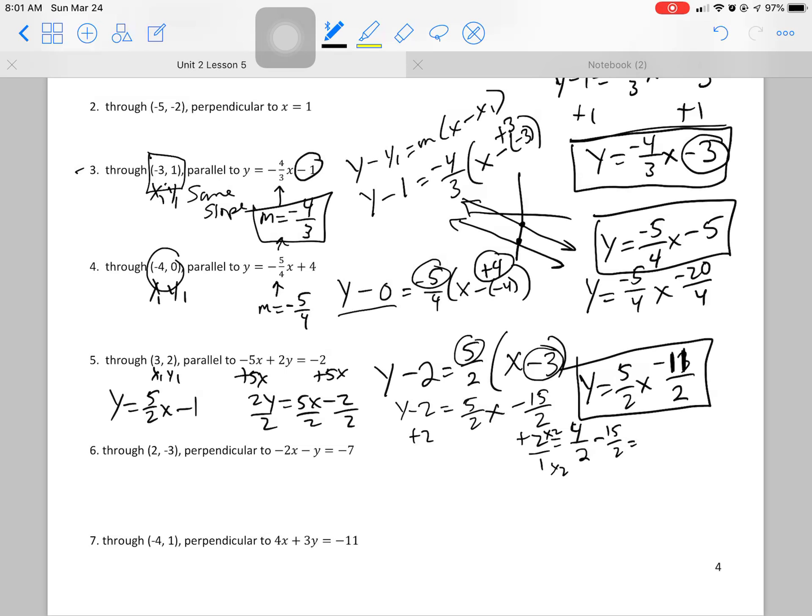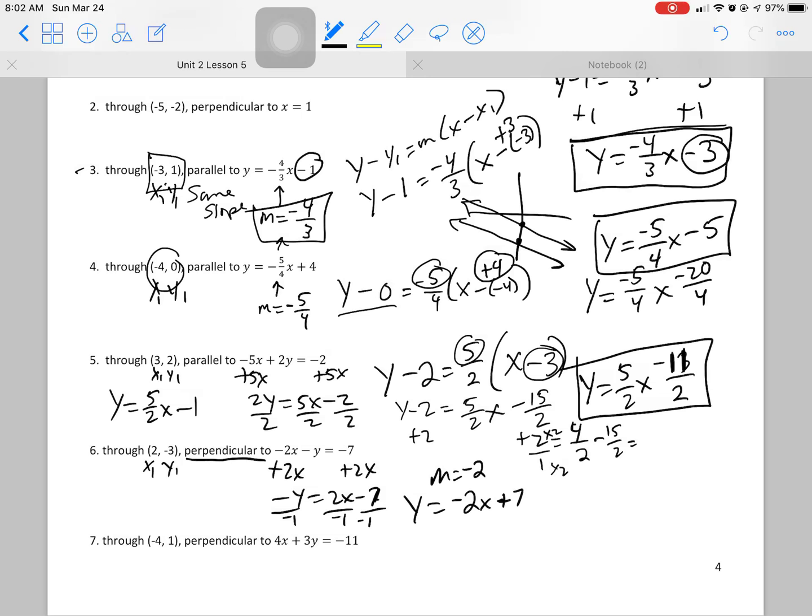Sorry, it's so messy. I probably should be doing it on that nice line paper on the other side. Let me try this one. Plus 2x, plus 2x, negative y equals 2x minus 7, divided by negative 1, divided by negative 1, divided by negative 1. Y equals negative 2x plus 7. Watch the double negative there. So this means my m equals negative 2. And this is x1, y1.